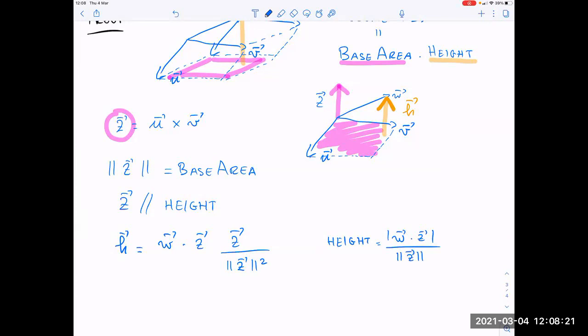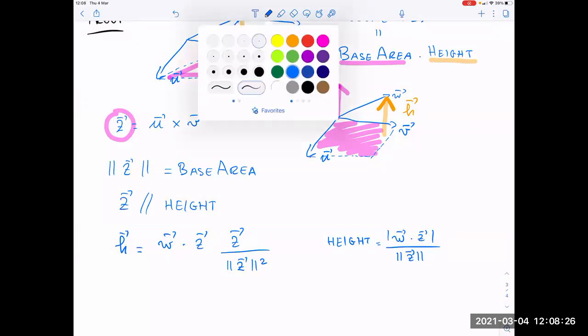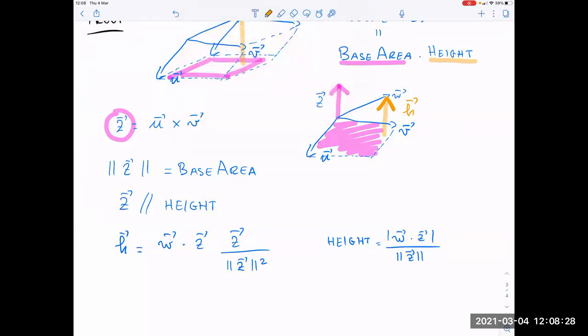So this is the number we are looking for, because this is the orthogonal projection of w on z. Okay, so this is what we have here.